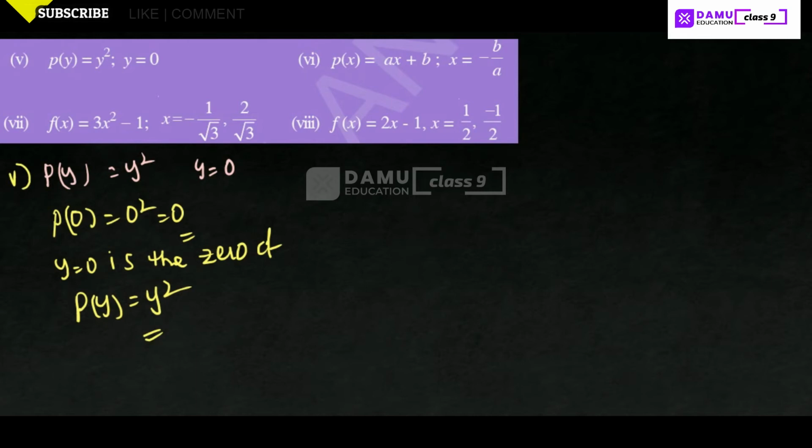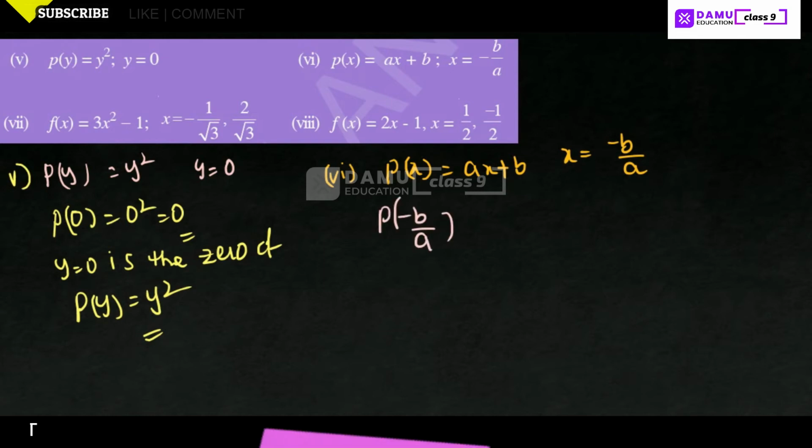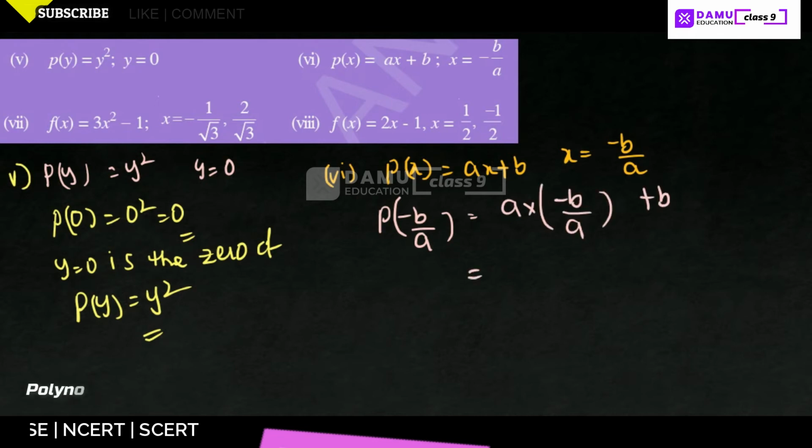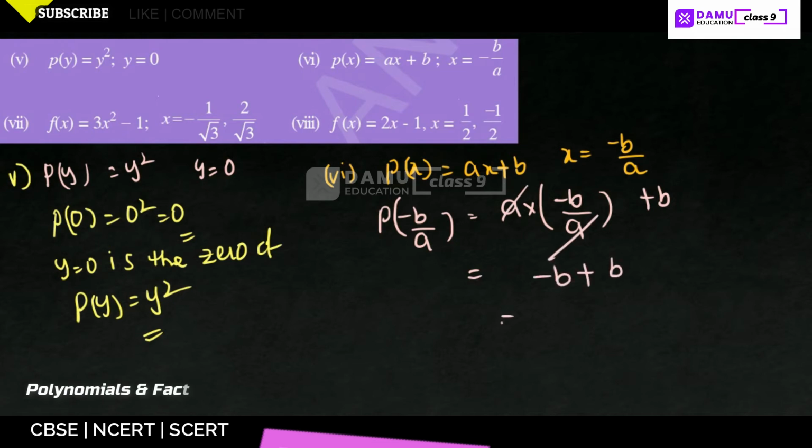Our next one, the sixth one, is p of x equal to ax plus b. That is, x equals minus b by a. So we are going to substitute this value, p of minus b by a, that will be equal to a into minus b by a plus b. So what you can cancel here, a will cancel, minus b plus b will cancel here.